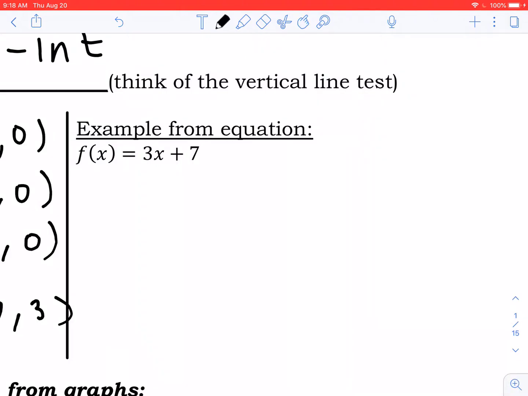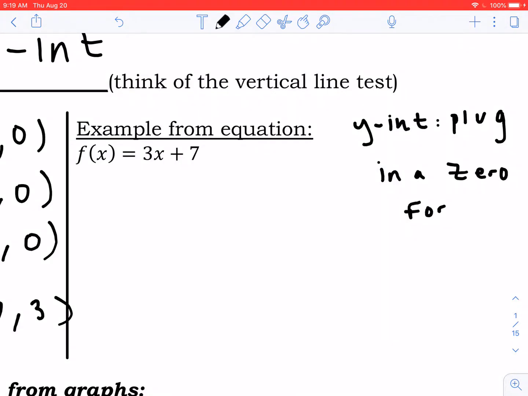If you're trying to find y-intercepts, it's very easy. You're going to plug in a 0 for x. So let's do that right now.